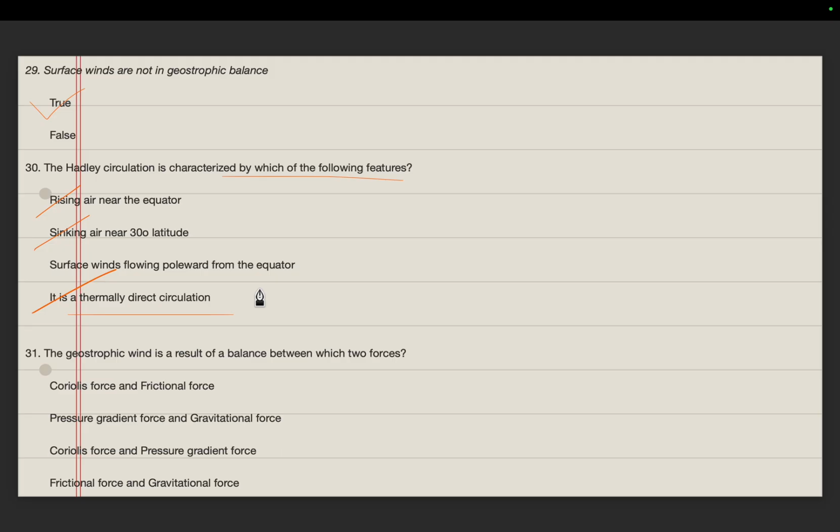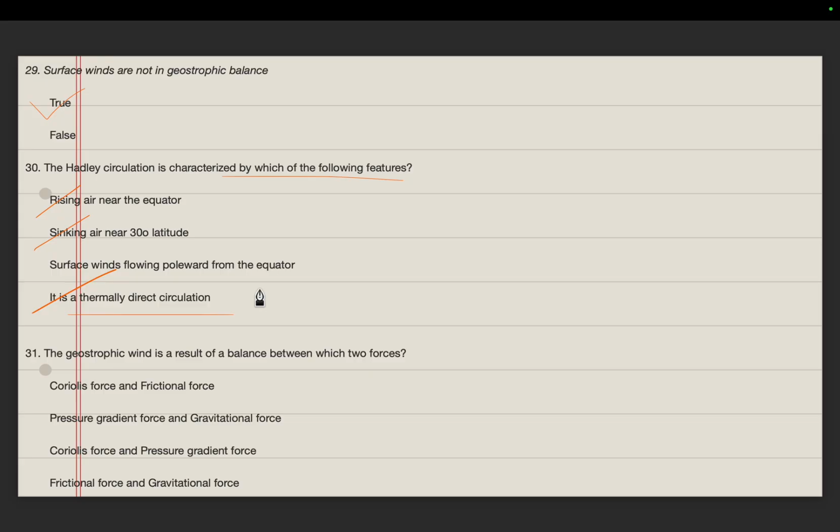Question 31. The geostrophic wind is a result of balance between which of the two forces? Coriolis force and frictional force, pressure gradient force and the gravitational force, Coriolis force and the pressure gradient force, frictional force and the gravitational force.